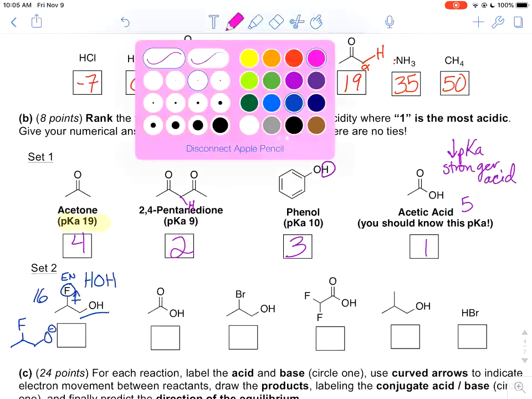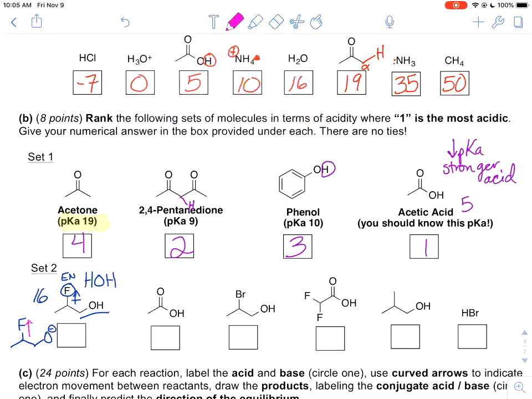And if we have an electronegative fluorine pulling away electrons by electronegativity, that is going to make for a more stable conjugate base, and this is relative to water. So H, the hydrogen in water, is not going to help stabilize the conjugate base. So anyway, what I'm getting at, this has a pK less than 16 because of that electronegative fluorine.